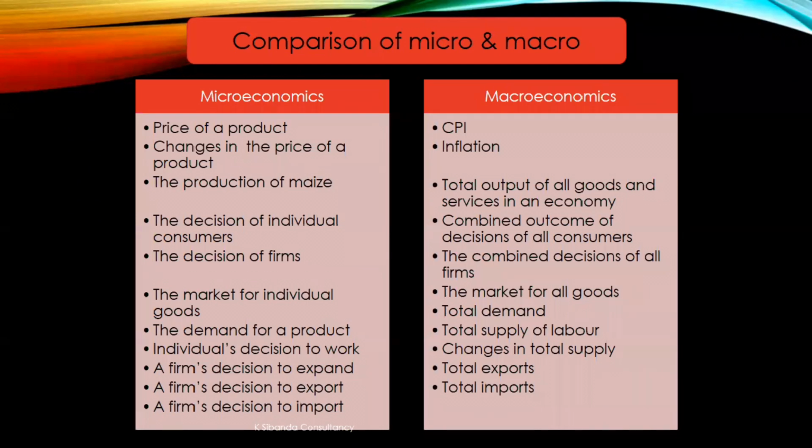So instead of looking at the price of one product, or the actions of one firm, we are now concerned about the CPI, the consumer price index, or even inflation, where we are not just looking at the increase in the price of one product, but at the general prices in the whole economy, in the whole country.